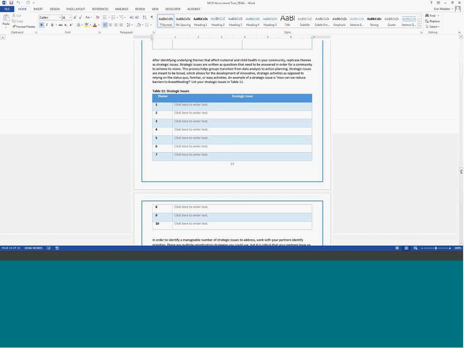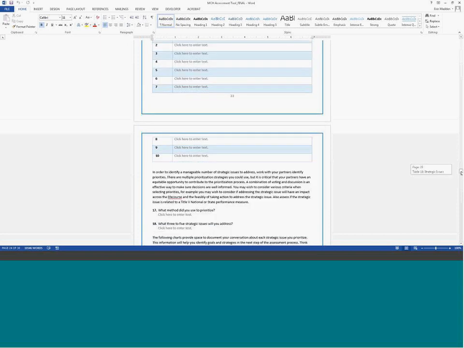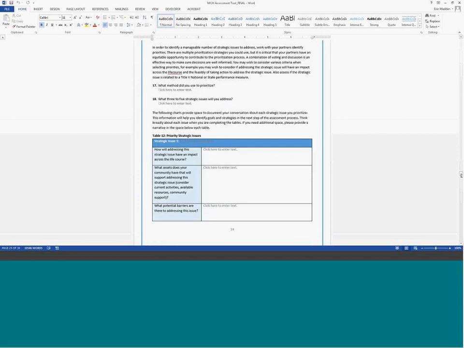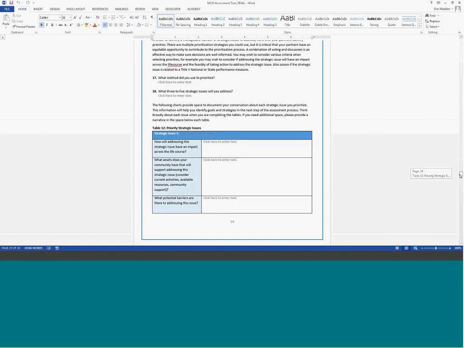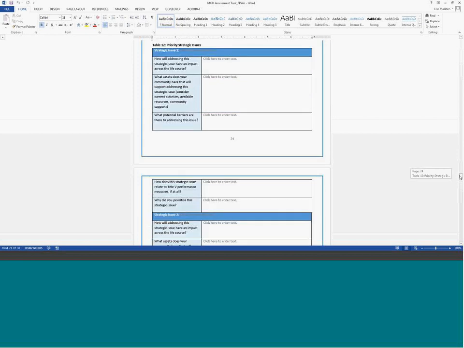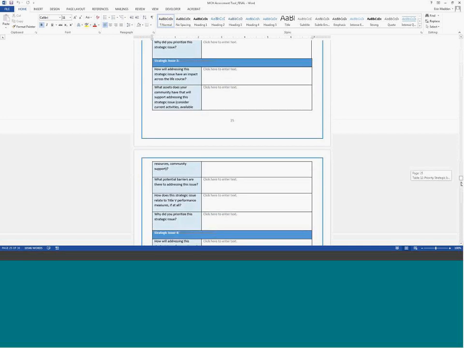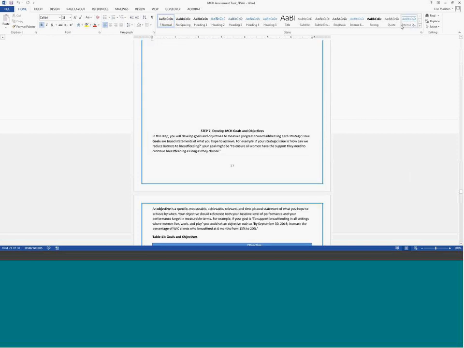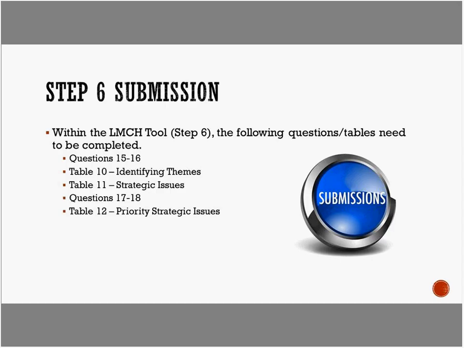But again, this is where you'll document the strategic issues that you come up with. And then about the method that you use to set priorities, as well as the 3 to 5 strategic issues that you decide to prioritize. And in Table 12, you talk about each of those strategic issues and why they became priorities for your community. And I'm saying this, but we'll talk more about an approach to doing this when we get to this point in the process.